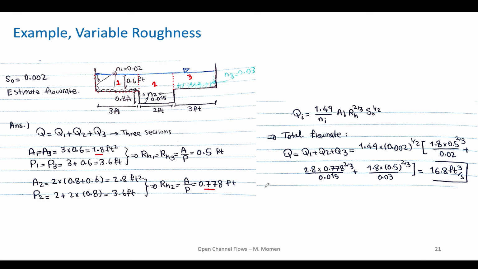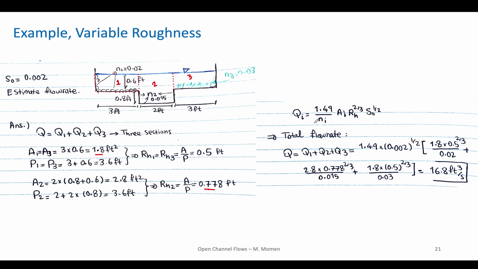So now I write the Manning's formula to find the flow rate for each section. The Manning's formula indicates Qi for any channel is going to be, because I have the British system of units, instead of kappa equals 1, I write kappa equals 1.49 over Ni, which is the roughness of each section, times Ai, the area of each section, times RH to power 2/3 times S naught to power 1/2.